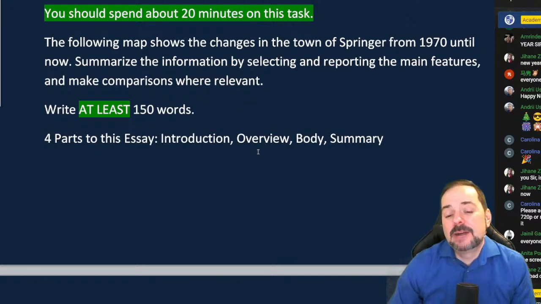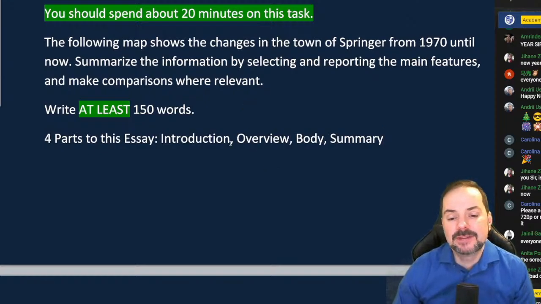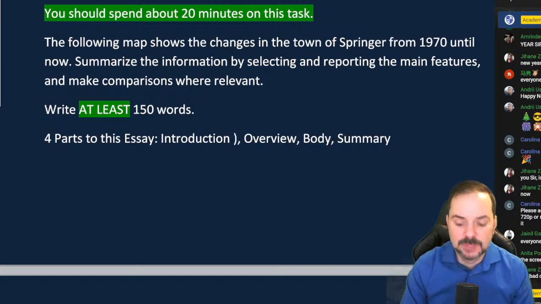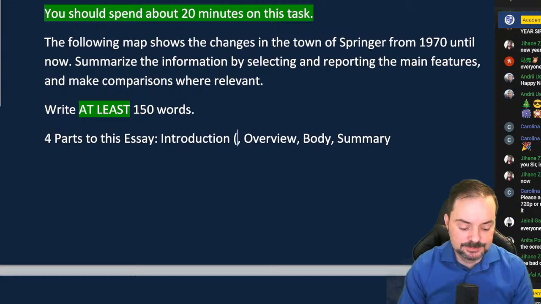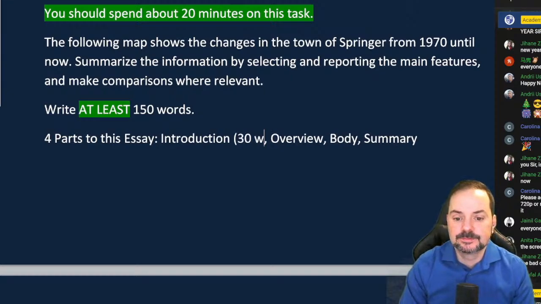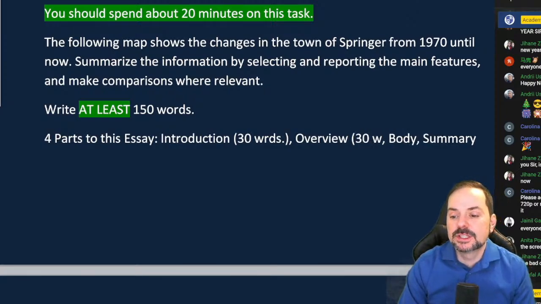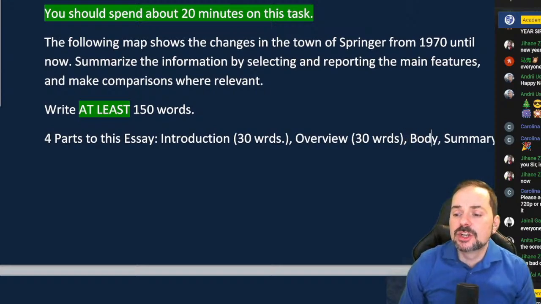Sometimes students ask me, like, how many words, right? It's kind of tough to say, but let's say for a band 9, it's around 220. So I would say, like, maybe your introduction is like 30 words. Overview, maybe another 30 words. So this is just an estimate. Of course, it depends on the question and what you're writing.